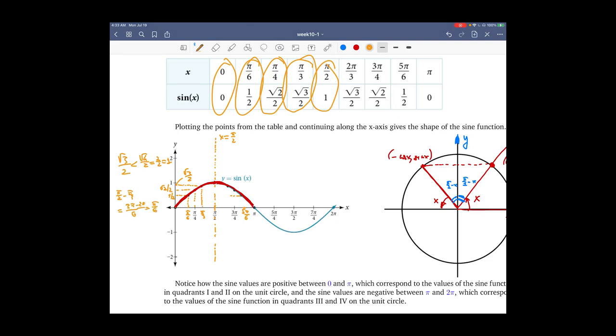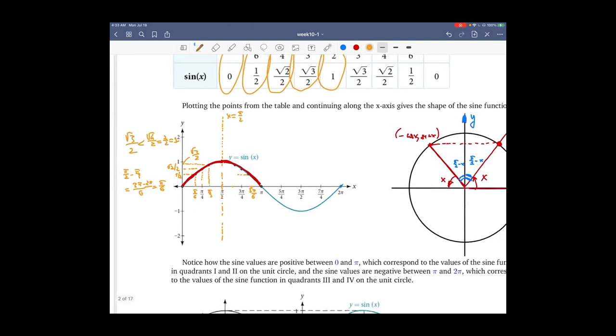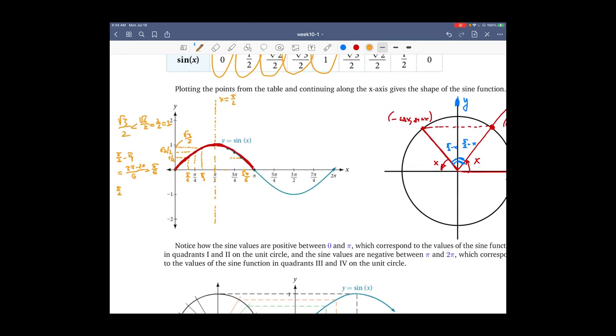So symmetric to pi over 3 will be the point pi over 2 plus pi over 6, which is 4 pi over 6 or 2 pi over 3.